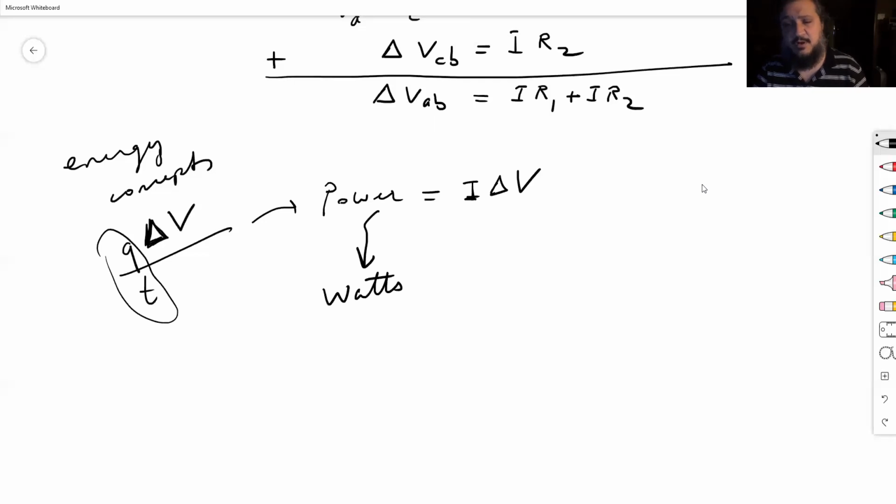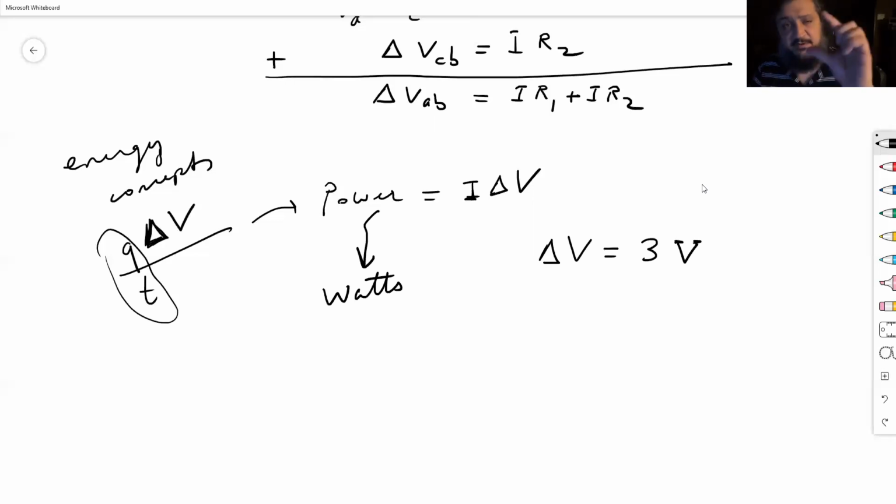Okay, a 100-watt light bulb. Now, the delta V that you use at home is 110 volts. This is actually called an AC current, and we're only doing direct currents. We're going to get there, so let's not worry about it. Let's just use, how about a flashlight? A flashlight maybe uses 2 batteries.